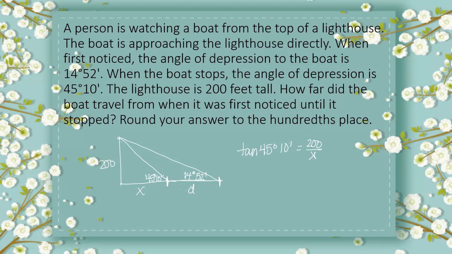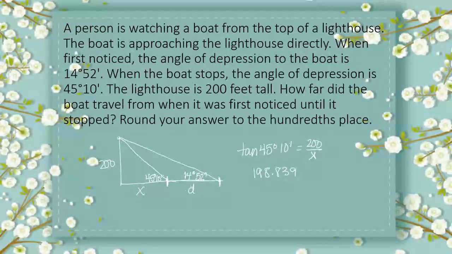I'm going to divide 200 divided by the tangent of 45, 10, close my parentheses, and I get 198.839. I'm going to store this number in my calculator's memory just so that I have the exact decimal that I need, okay?